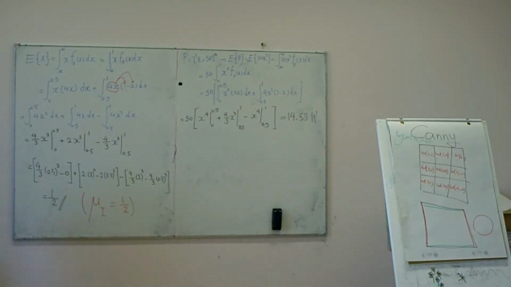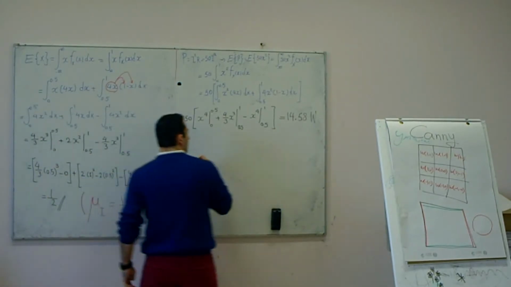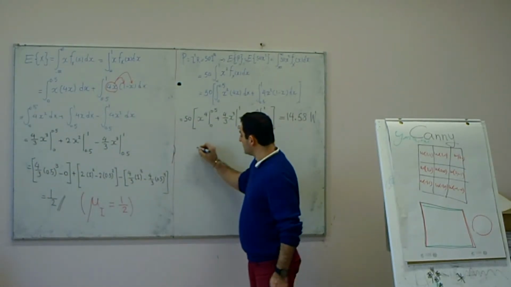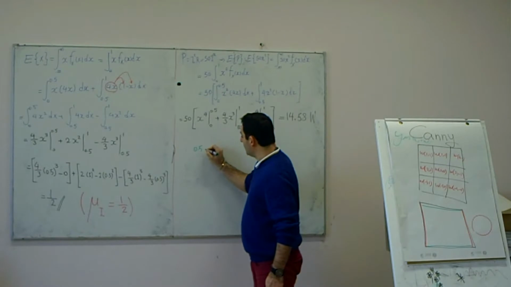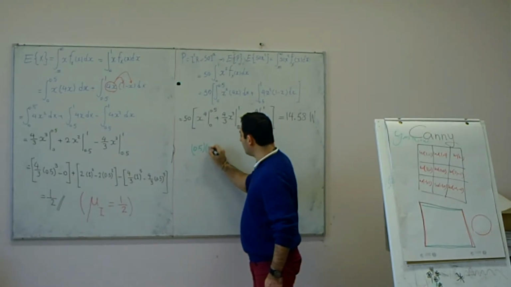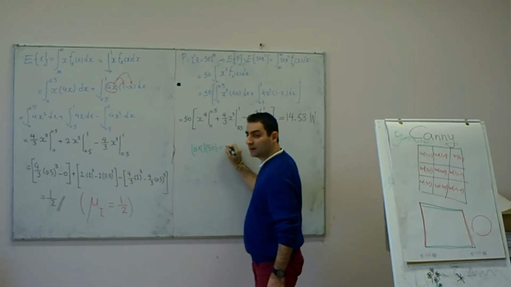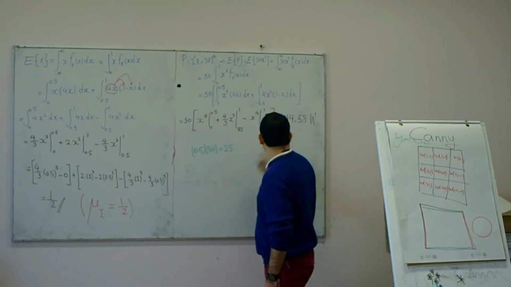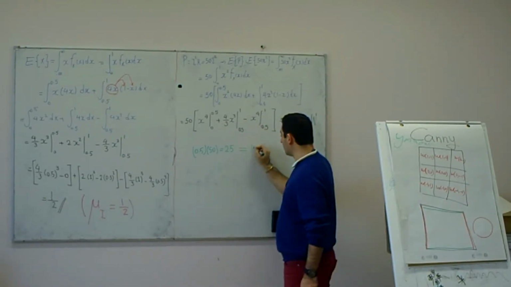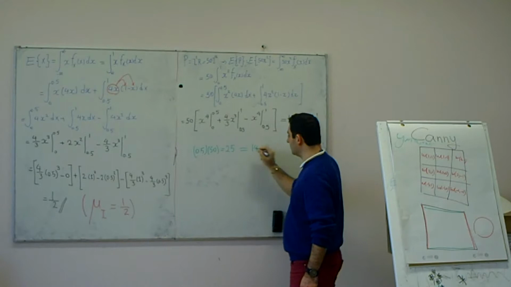But I want you to observe something. Can you tell me that 0.5 multiplied by 50, what is it? 25. Is it equal to 14.58?